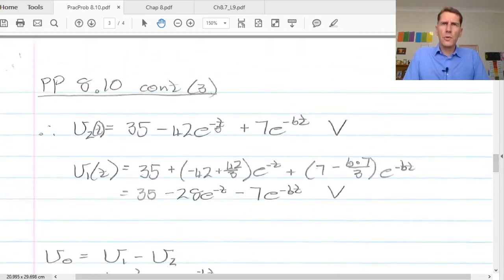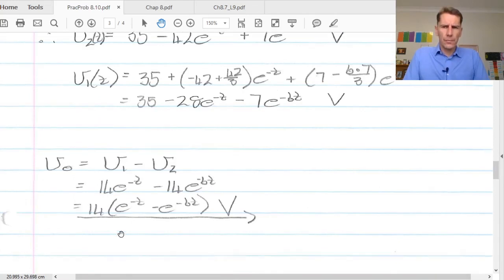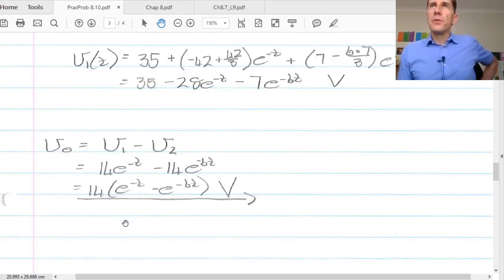So we've got those two expressions. We subtract them, and you get 14 minus 14e to the minus 6t. So this tells you what that voltage V0 will do. Now, what does this look like if you're going to plot it? Let's look at time 0.